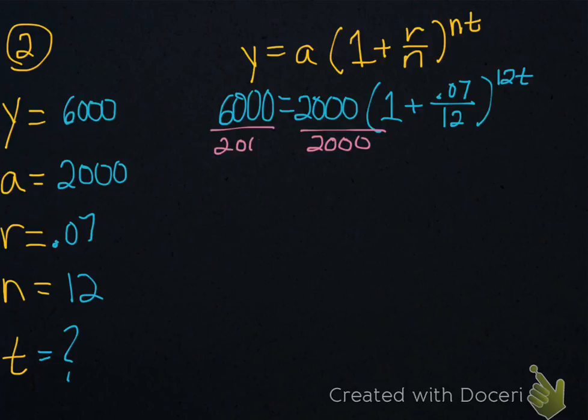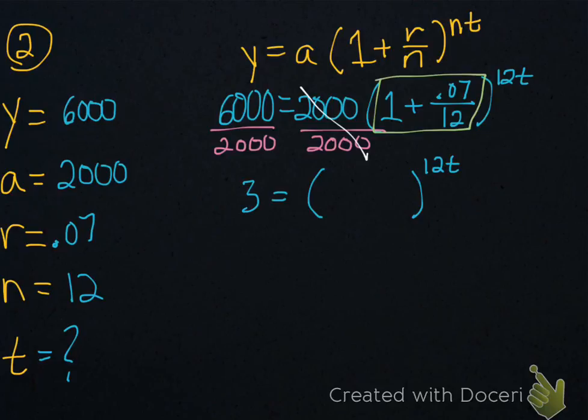It's going to cancel on the right hand side, and 6,000 divided by 2,000 is 3. We're really not surprised by that. Now let's find out what's in the parentheses. Remember, we're plugging this whole number into our calculator and getting one number, which is 1.005.